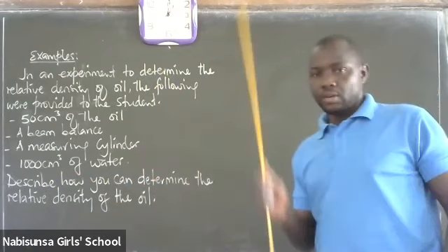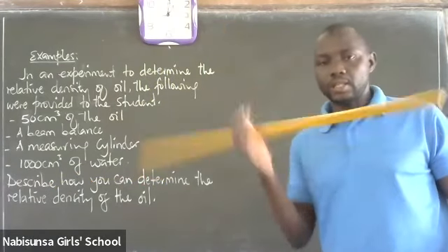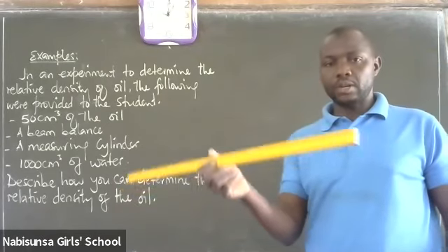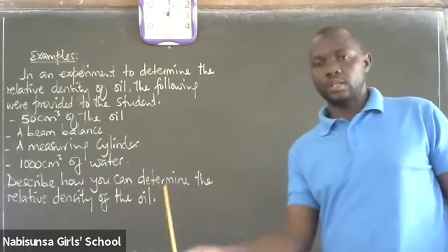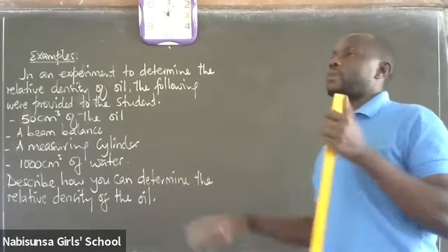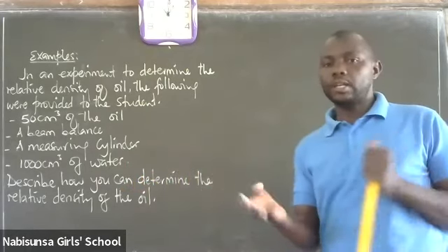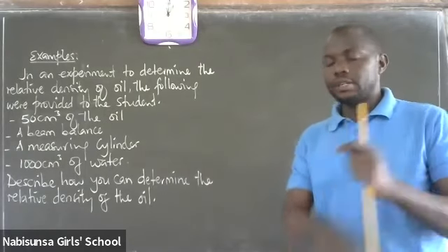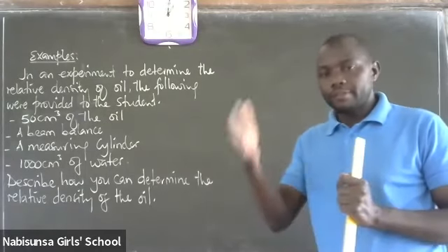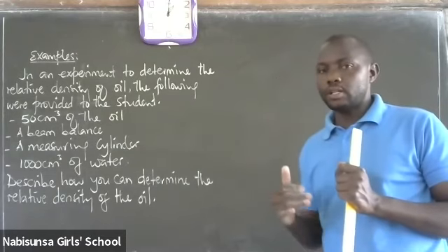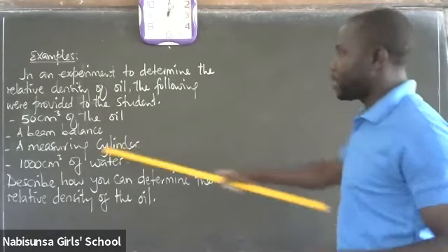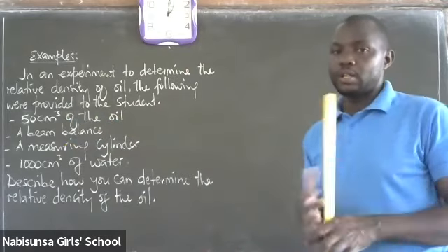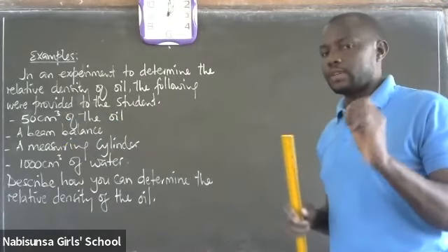Meaning, mainly, we are looking at the procedures through which you should go up to when you reach the point of calculating. So that even if someone came who is very far and doesn't even know you, if they followed the procedures you have stated, and obviously they will have the water available and the other substance, and can therefore measure, they should be able to get the relative density.